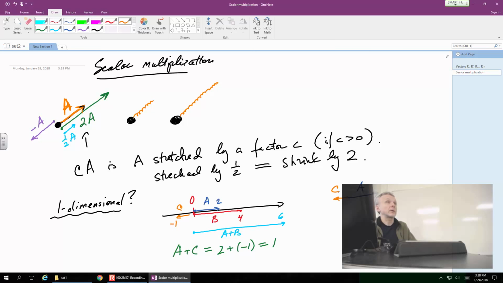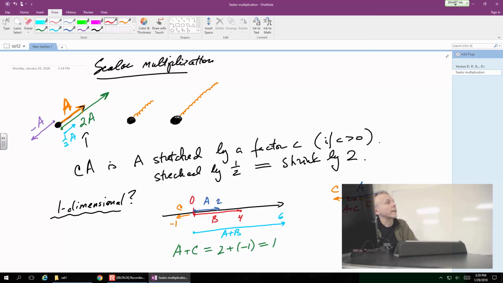Remember, you put the C at the end of A. So I put C at the end of A here, like C prime, a copy of C. Then the last step is to connect the origin to the end point of that vector. So this is A plus C. Even in one dimension, it works out. So this is one-dimensional vector addition and subtraction.